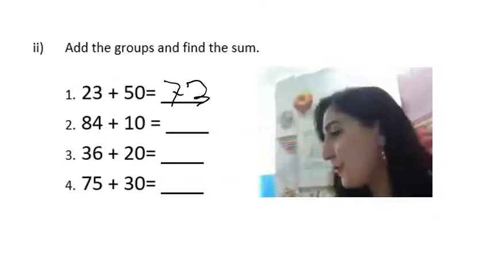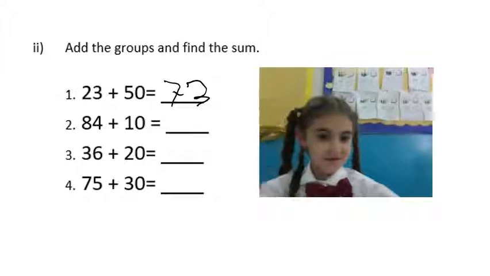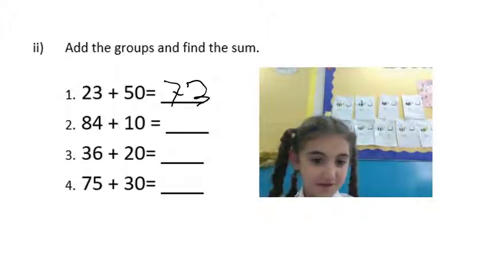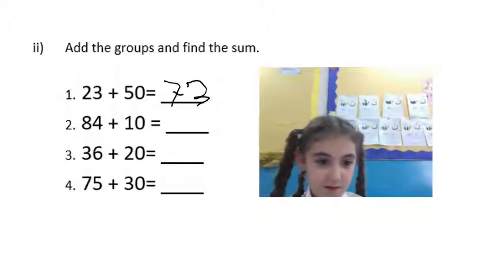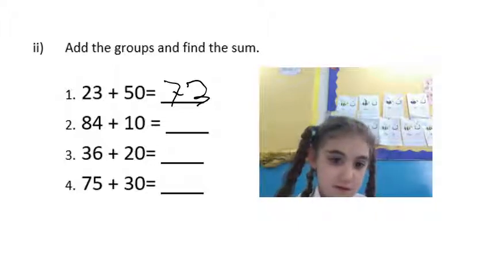Let's do Marilyn. 84 plus 10. Go for it. Just change the tens place. You add 1 to the tens place.